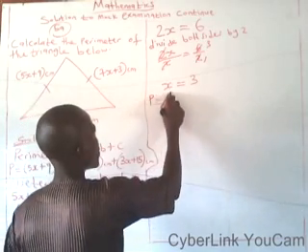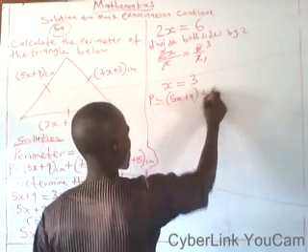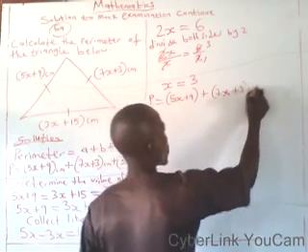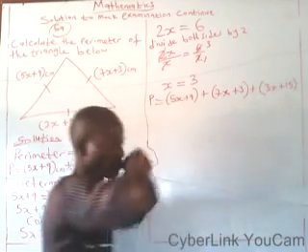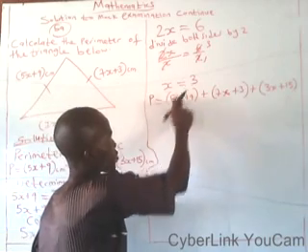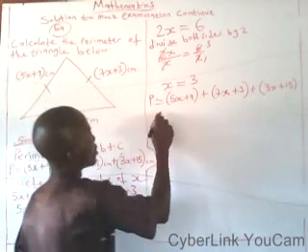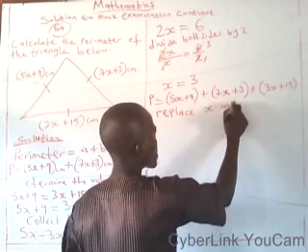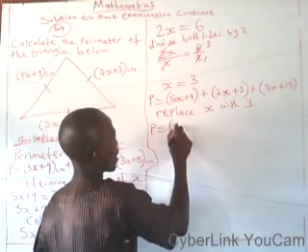That says 5x plus 9 plus 7x plus 3 plus 3x plus 15. We are going to replace x with 3 now in all these brackets. Replace x with 3.